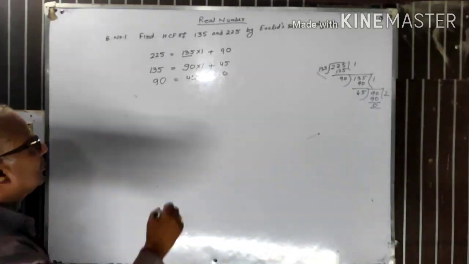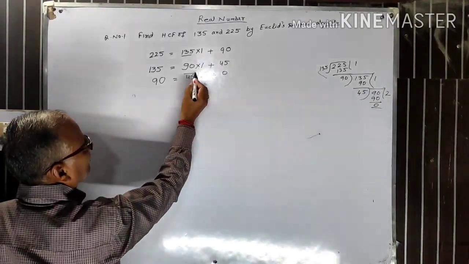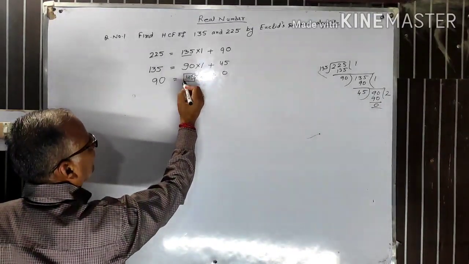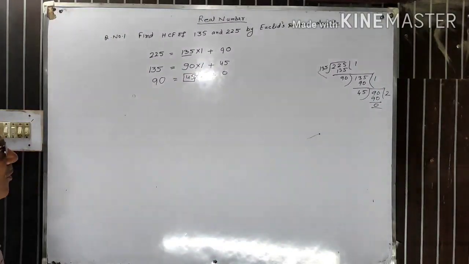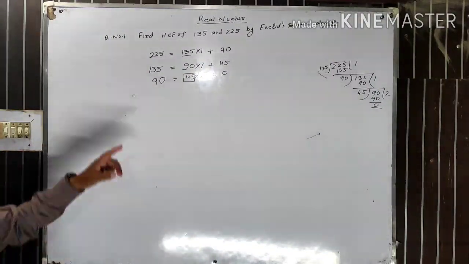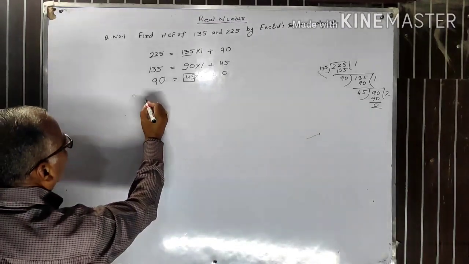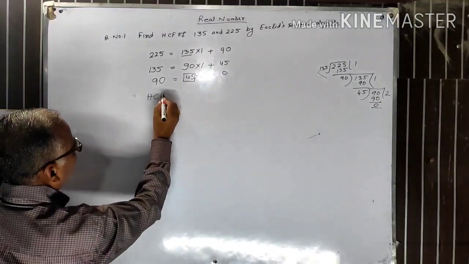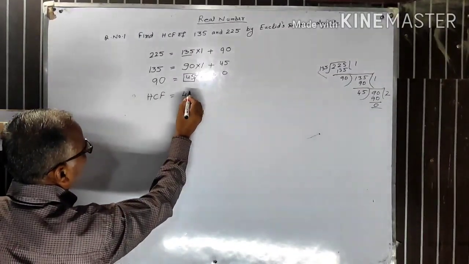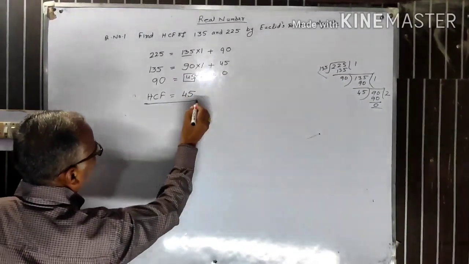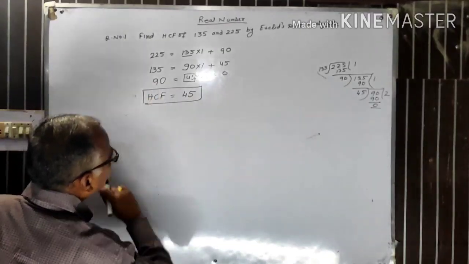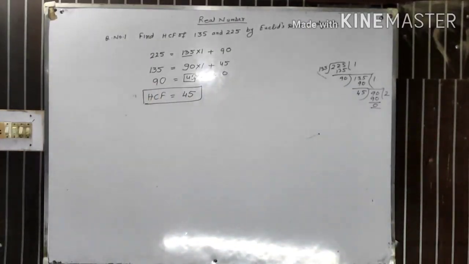The remainder is 0, so this number 45 is the HCF of 135 and 225. HCF is 45.